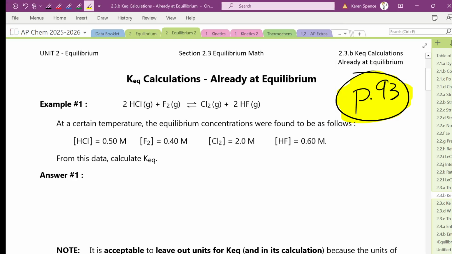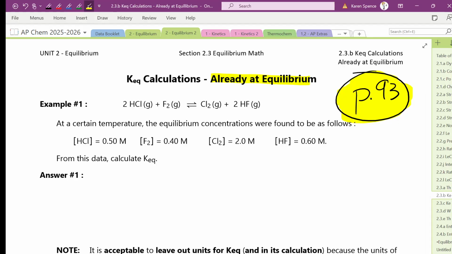Okay. So, page 93. These are going to be situations where we are already at equilibrium. Tomorrow, we're going to be learning about situations where we are not yet at equilibrium, but we're going to start by learning about when we are at equilibrium. So, we are given some concentrations here.